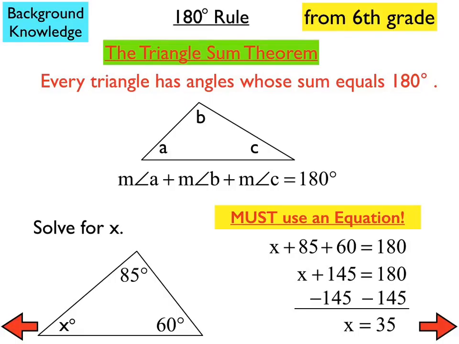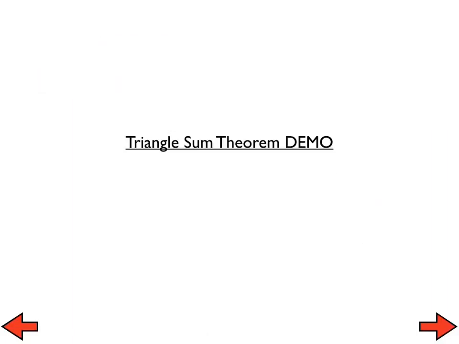So the missing angle is 35 degrees because that's what it would have to be for all three of them to add up to 180 together. And you have to use an equation because, like I mentioned last week, your standard says that you have to.